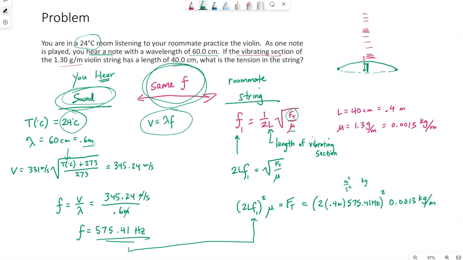We multiply by kilograms per meter, so one of the meters cancels. We'll have kilograms meters per second squared, which is a Newton, which should be expected since we are solving for a tension. So now let me go ahead and plug this into my calculator.